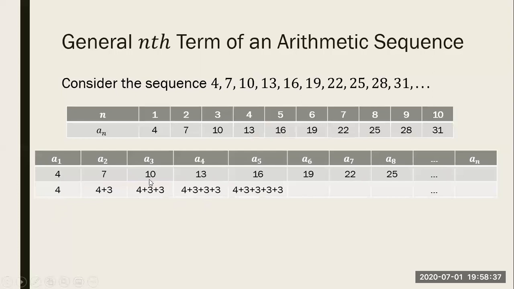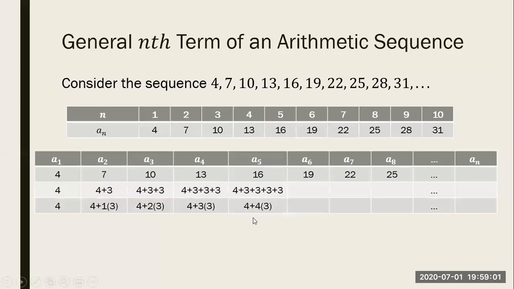Para maging 10, nag-add din tayo ng another 3. So, 4 plus 3, 7. Another 3, 10. So, next plus 3, nagiging 13. Plus 3, nagiging 16. Then, continuous tayo. Ilang 3 na dito. Dapat meron tayong 4 plus at 5 3's.